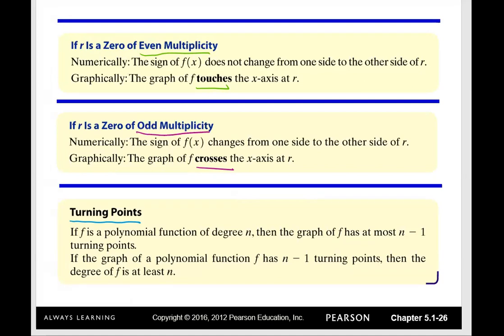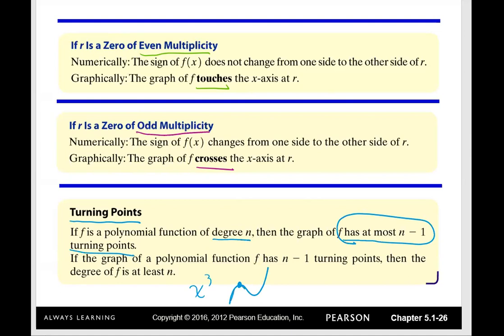If f is a polynomial function of degree n, then the graph has at most n-1 turning points. So if you look at that x cubed graph real quick, the x cubed graph looks like this, basically. There are only 2 turning points. This is a turning point here.